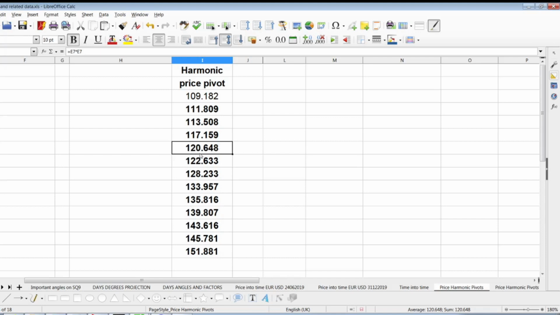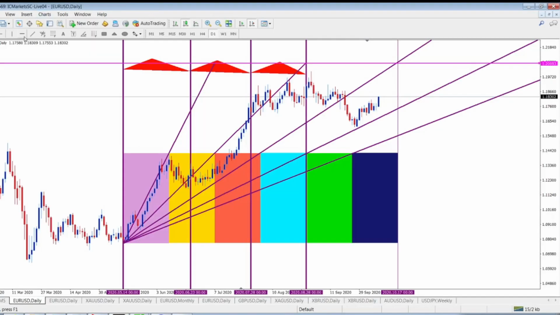So anyway, if we look at it, there is another one, 122.60 and 117.15, which we can mark as well, 117.15. Where would it be? I would say it would be somewhere here. 117.05 is a little bit higher.